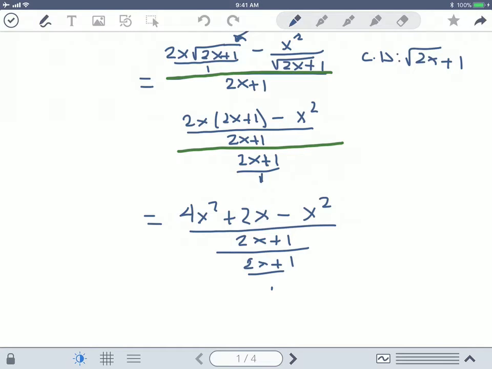I'm writing this denominator like this so you can see that at the end I'm going to flip this guy and multiply, like 1 over 2x plus 1.